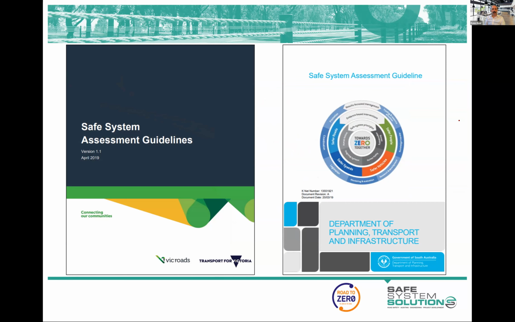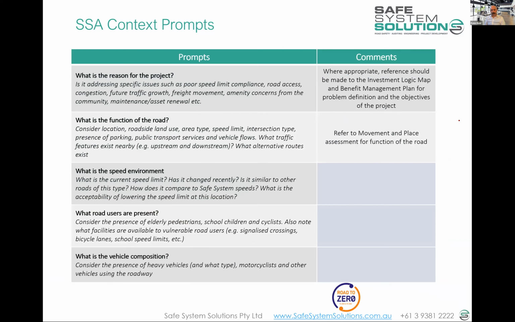Those two documents are pretty much the same apart from the front cover, so there's good consistency there. New Zealand hasn't released any specifics as yet, just saying use the Austroads and good practice around that. We'll hopefully get Austroads to do a version 2 of the Safe System Assessment Framework to iron out some of those kinks, but for now we have some supplementary guidance.